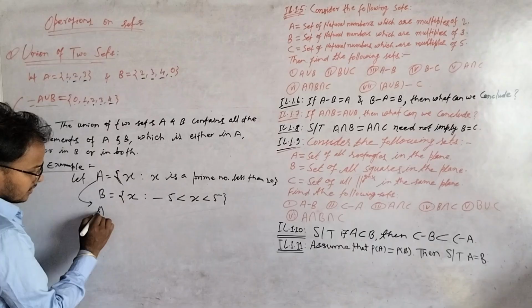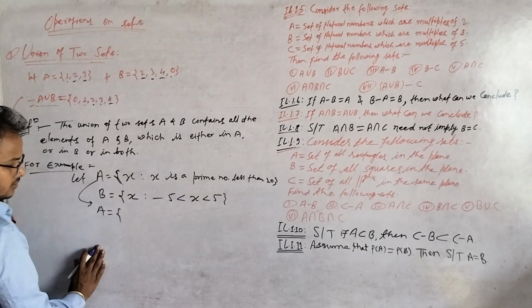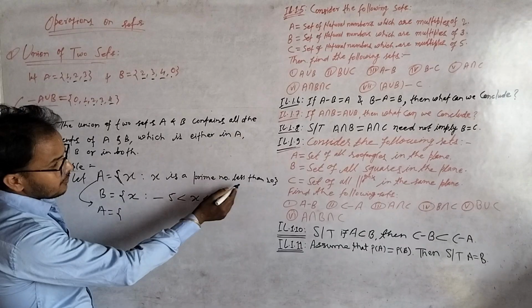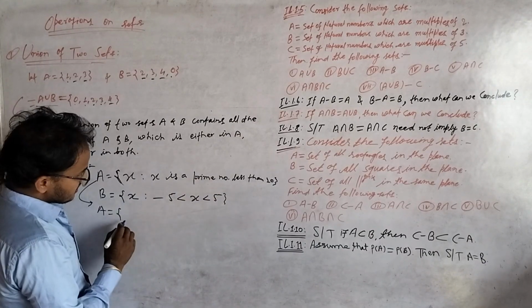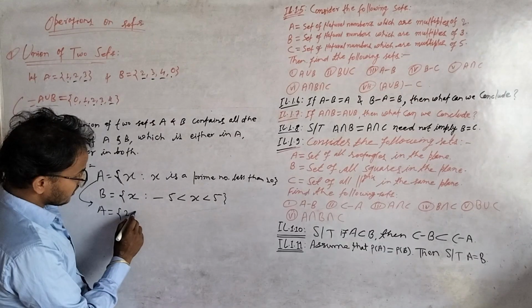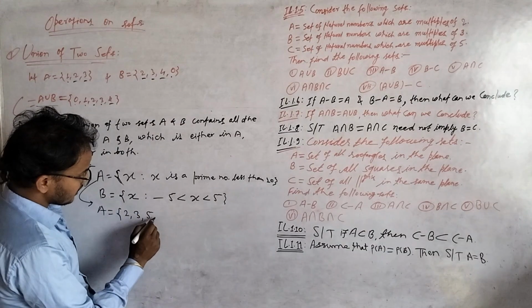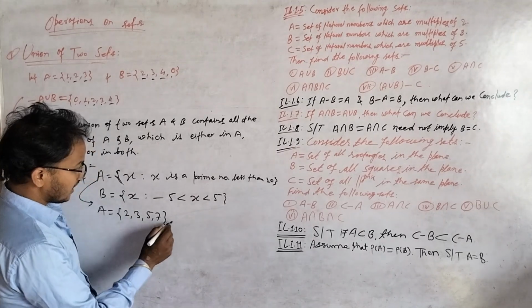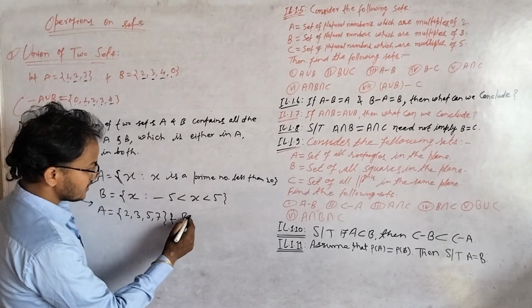So A is the set of prime numbers less than 10. We write 2, 3, 5, 7, not 11, because it must be less than 10.